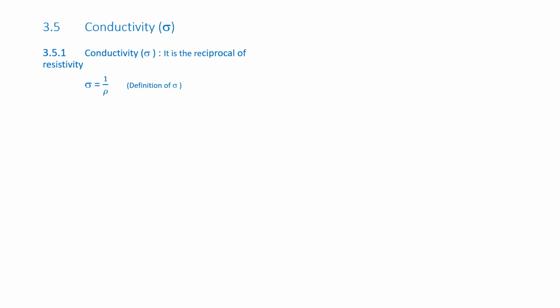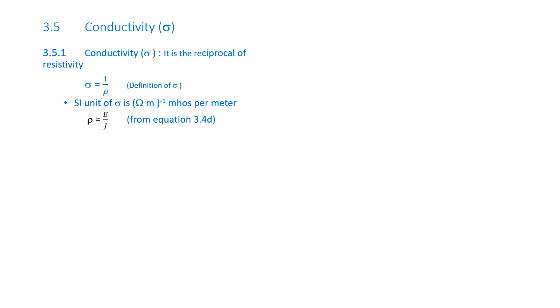Please remember, sigma is equal to 1 over rho is the conductivity. The SI unit of sigma is ohm meter to the power of minus 1. It is called mhos per meter. It is the reverse of ohms.